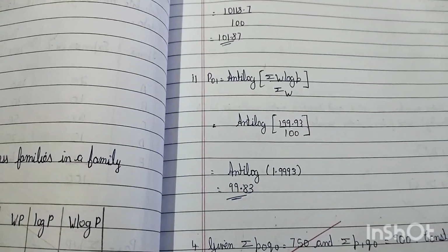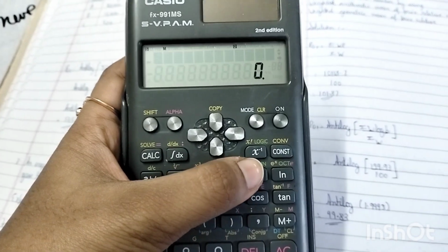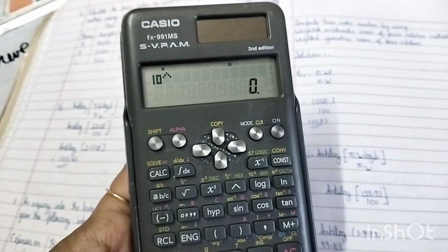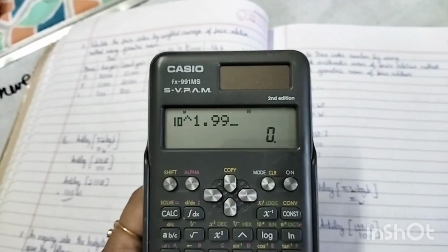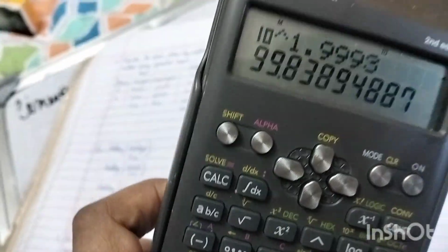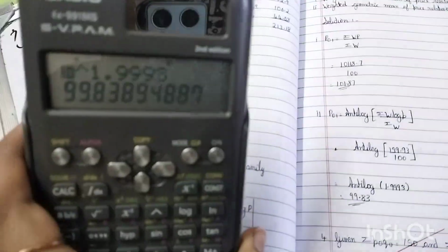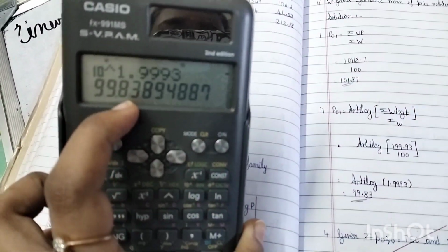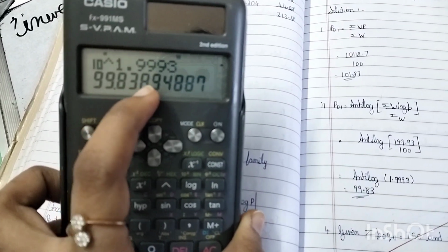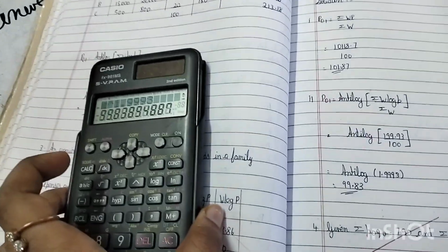So antilog of 1.993, shift log and then 1.993. So you get 99.83. You just consider two decimals after the point, so that's 99.83.